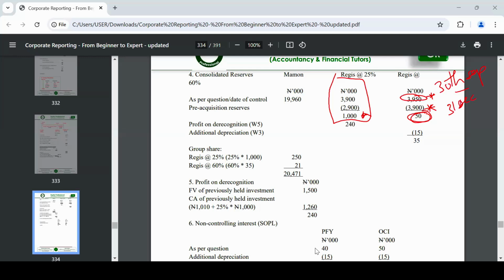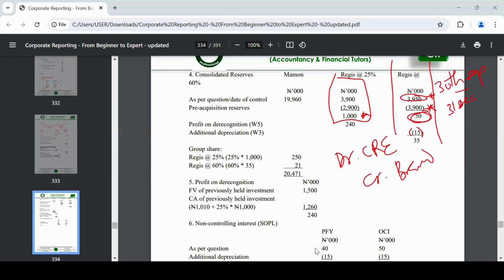Now, don't forget that we said this additional depreciation, we will debit retained earnings. Okay? And then we said we're going to credit brand. Now, I also told you one secret about this. I said, when your fair value adjustment is going to be shared between NCI and parent, it is under subsidiary like this that I'm going to do my adjustment.